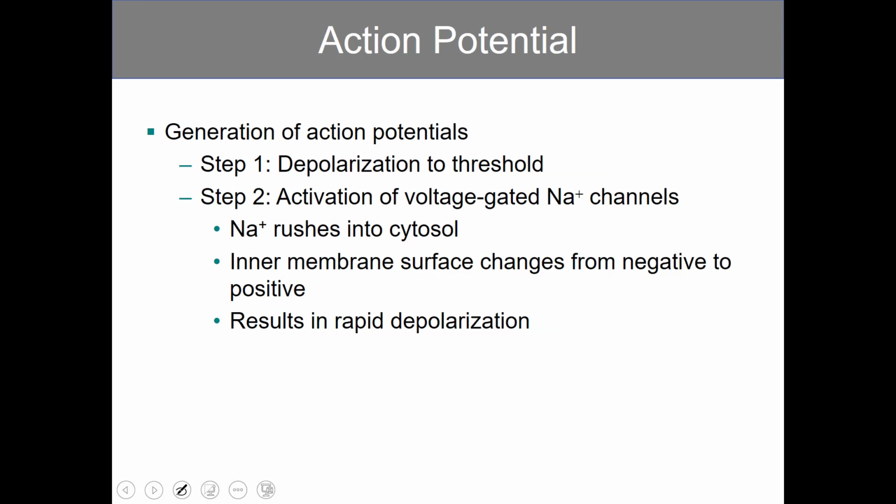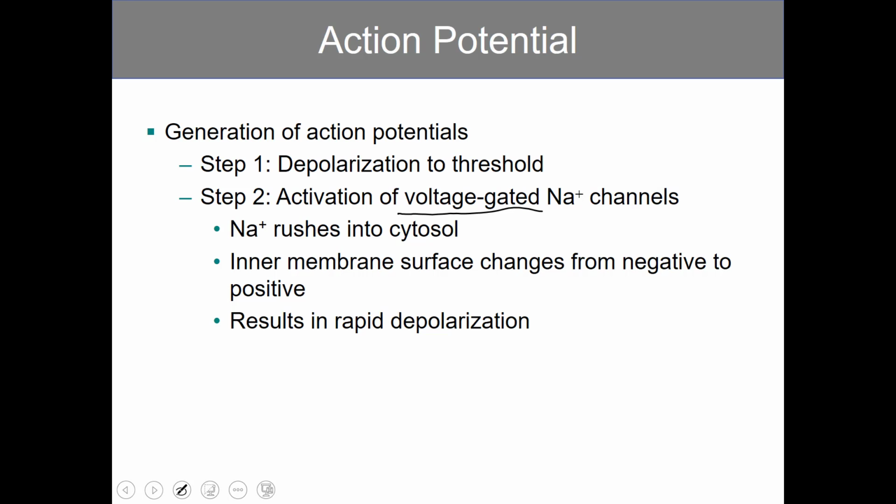Generation of an action potential. Step 1, depolarization to threshold. So a graded potential depolarizing the cell to threshold. Step 2, you get the activation of the voltage-gated sodium channels. So here we have a different type of channel. Now we're talking voltage-gated channels. So they open in response to some change in the voltage.